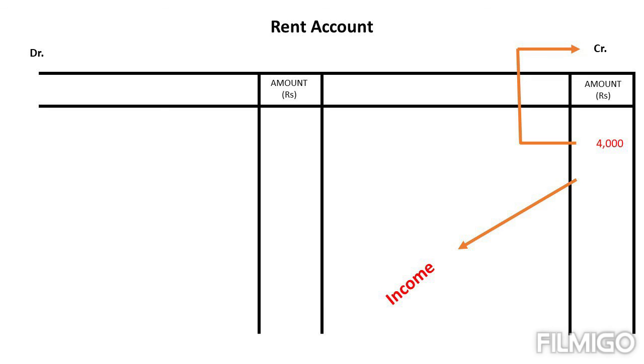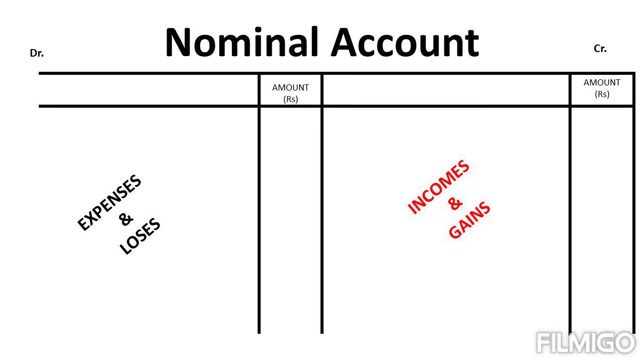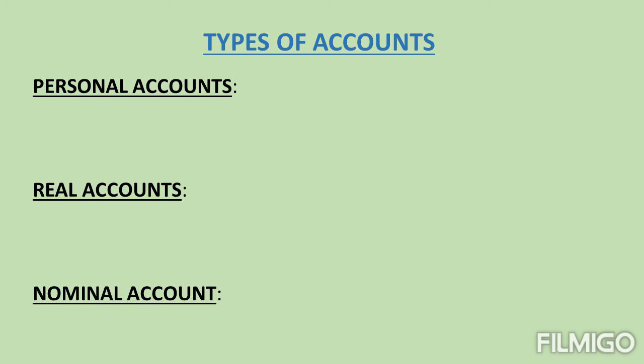Therefore, in this case, rent account will be credited by rupees 4,000. We can say that the debit side of a nominal account will show all expenses and losses, whereas the credit side will show the incomes and gains.